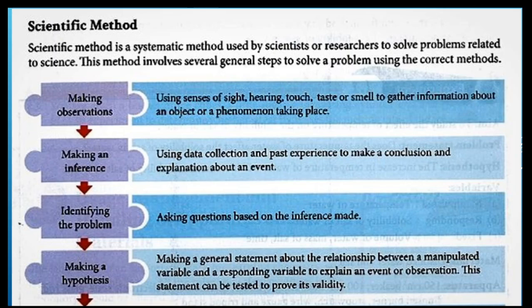Apa yang berlaku itu kita buat pemerhatian terlebih dahulu. And then the second one is making an inference. Okay, membuat inference. So inference itu adalah the explanations of your observation. You ask why. You observe and then you ask why. Okay, so it is a conclusions and explanations about your observation.